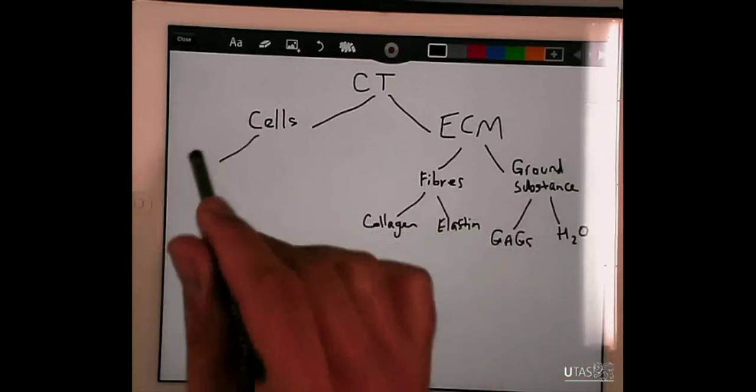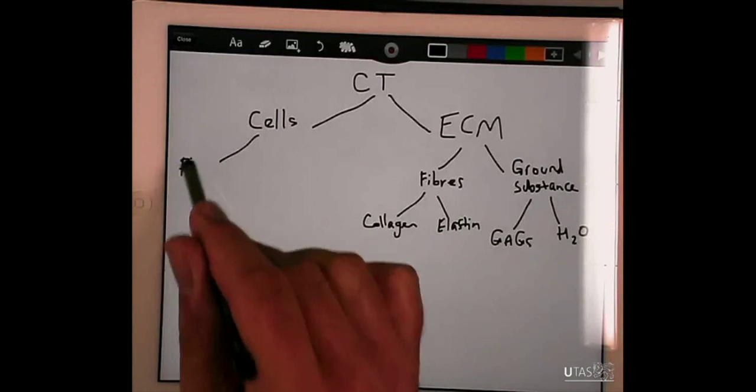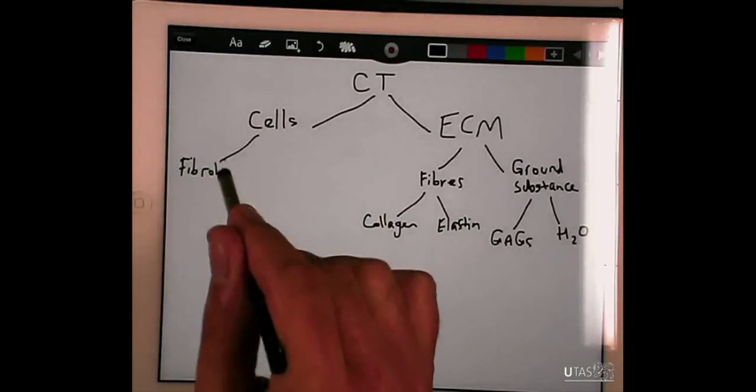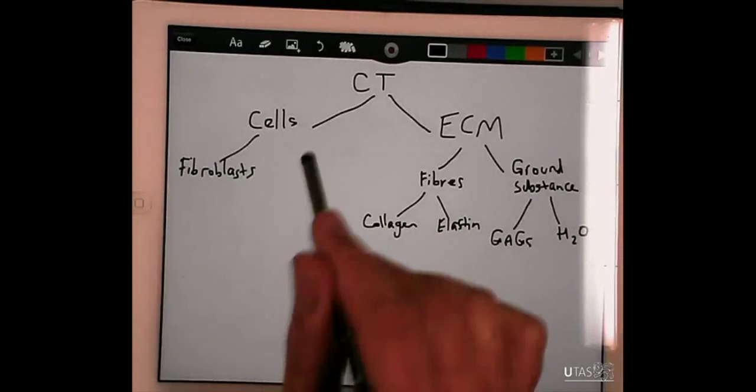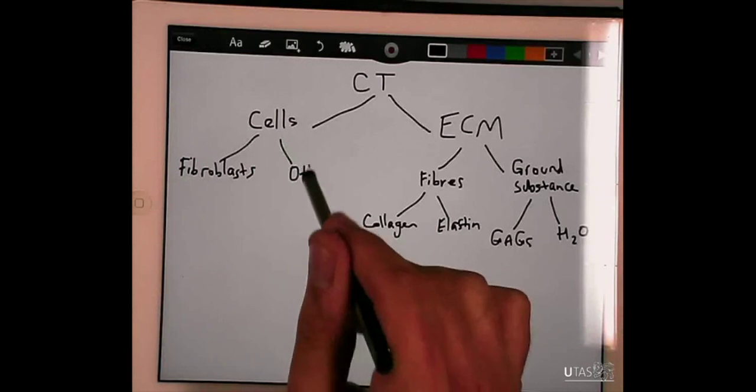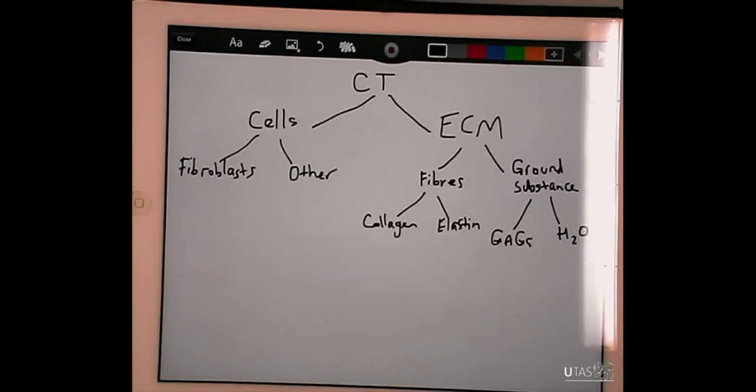Cells: fibroblasts, and then other cells.